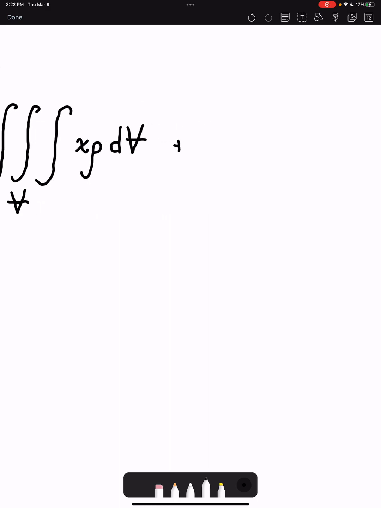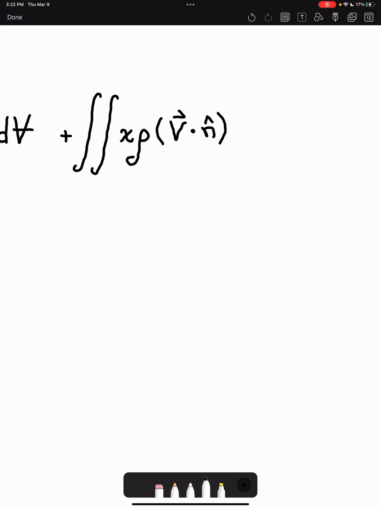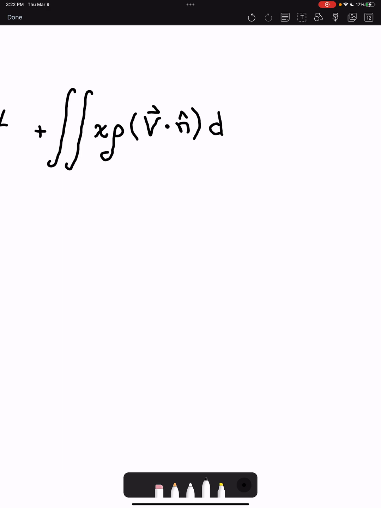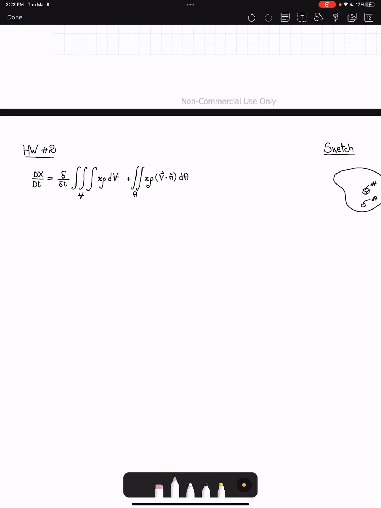Then we're going to add two integrals, 1 and 2. We're going to have an x here, a rho, and then the v, because we're talking about something that comes in and out, so that has some sort of relative movement to the control volume. And then we have our differential a, and this is integrated over a. So this is our general form.